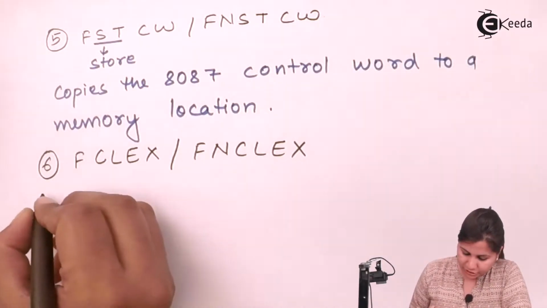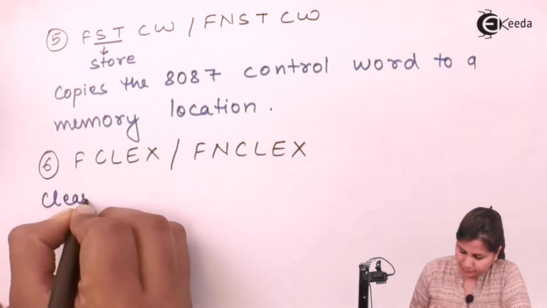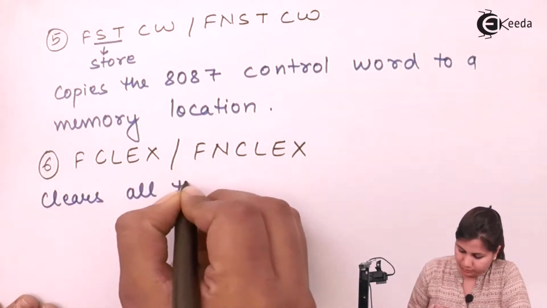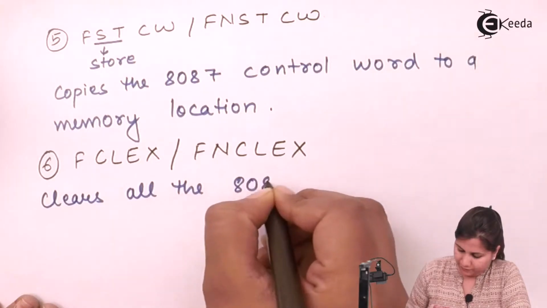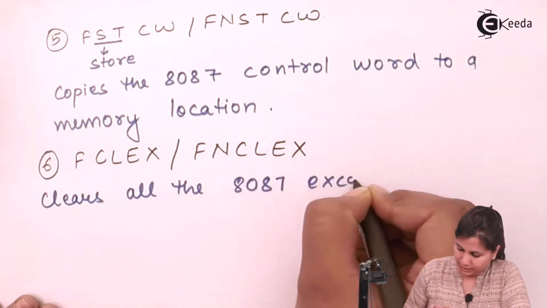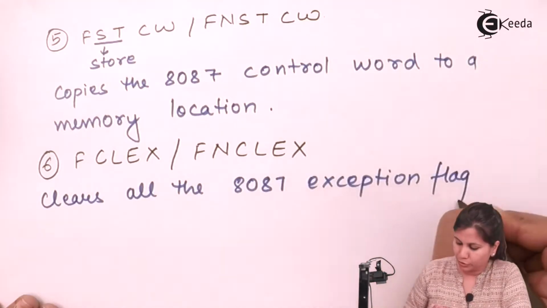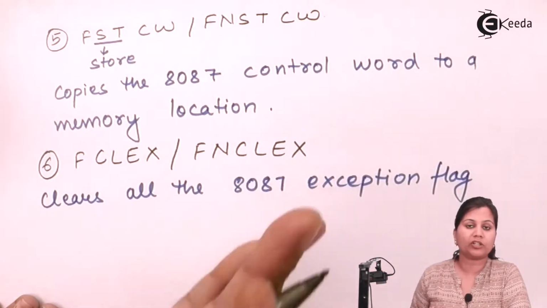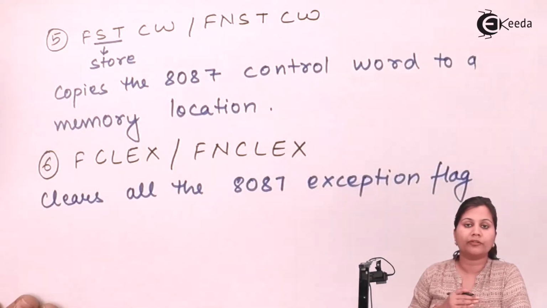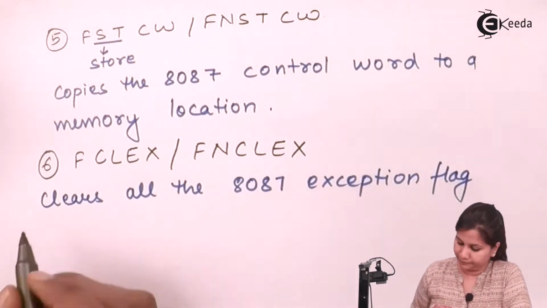So what this instruction is doing is clearing all the 8087 exception flag bits so that any exception response cannot affect the loading of the control word.